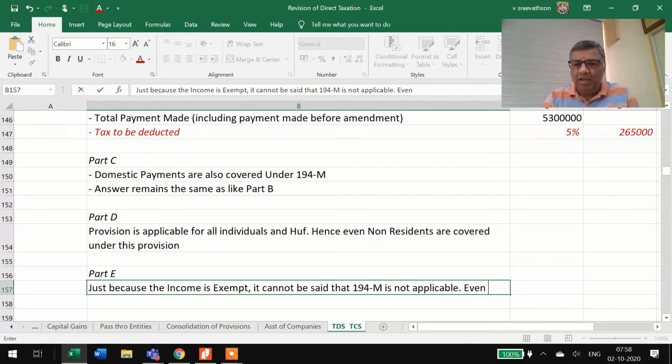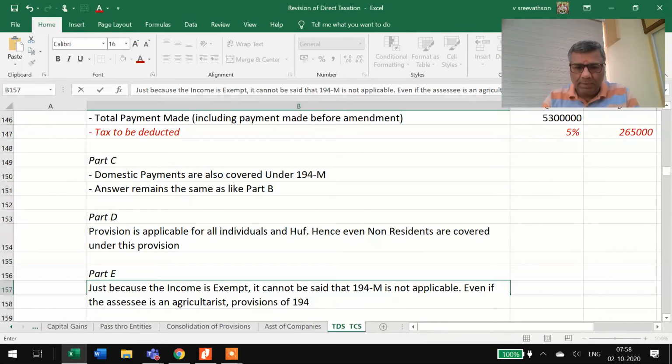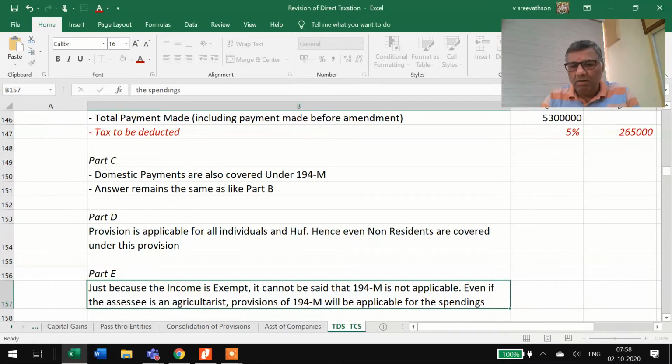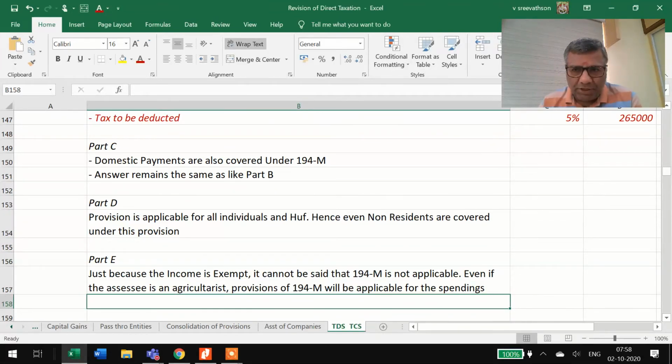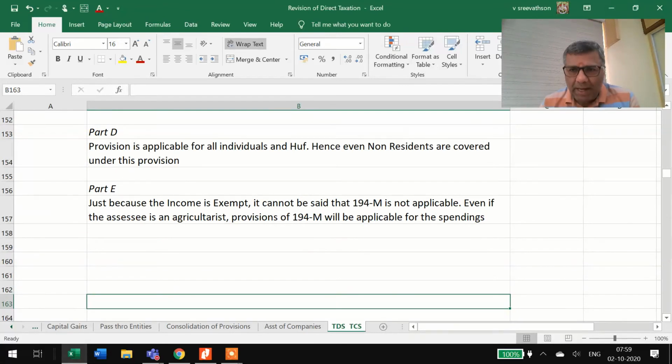Even if the assessee is an agriculturist, the provisions of 194M will be applicable for the spendings. It is not an income-based provision. If you have made a payment for any purpose, even if you are an agriculturist, this provision will apply.